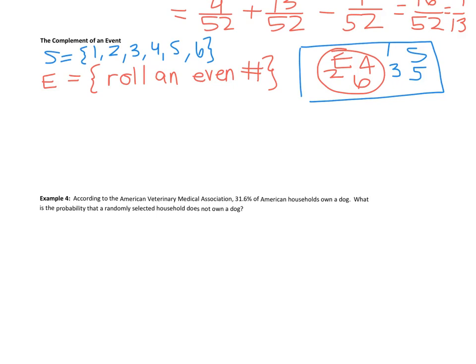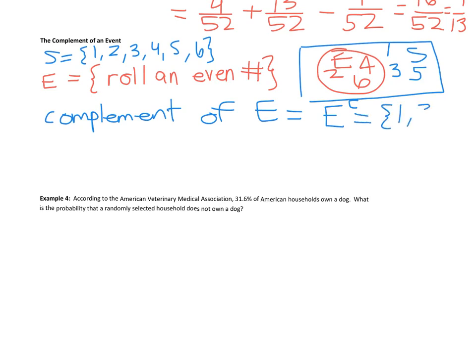And those outcomes are outside of E. We call that the complement of E, which we notate as E to the c, E complement, the c is an exponent. It's whatever is outside of E. So 1, 3, and 5. So it's outcomes outside of the event. I'll write that down.